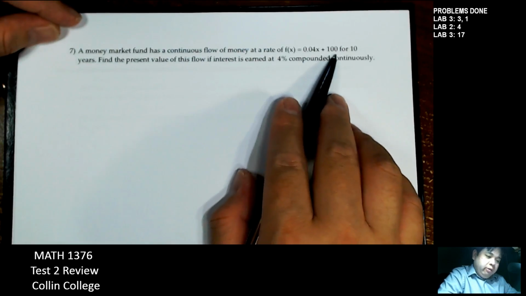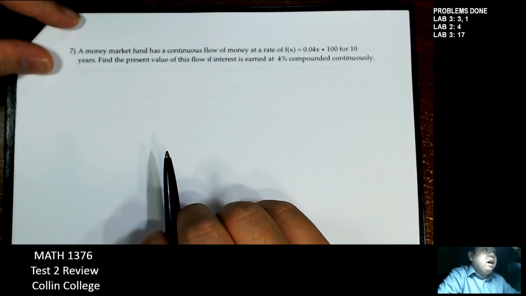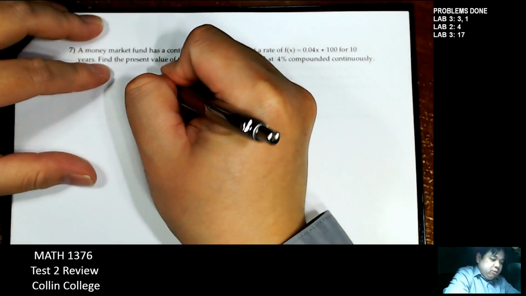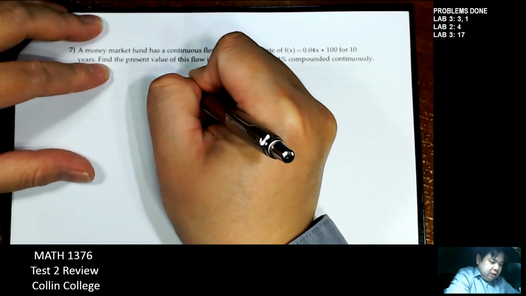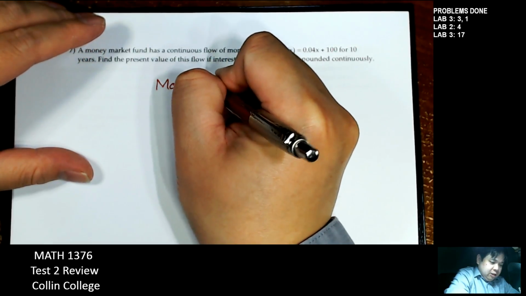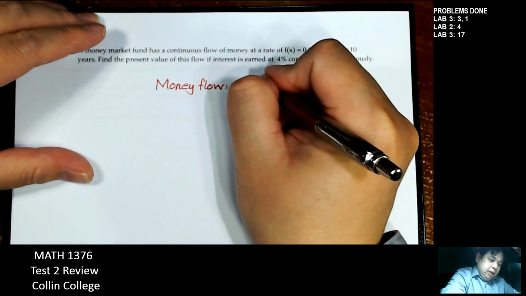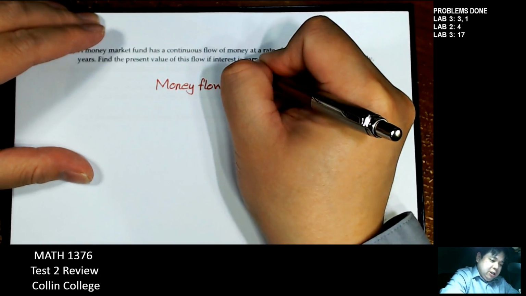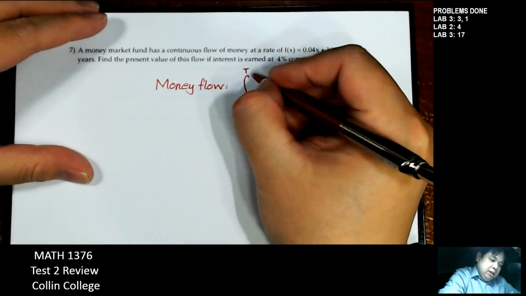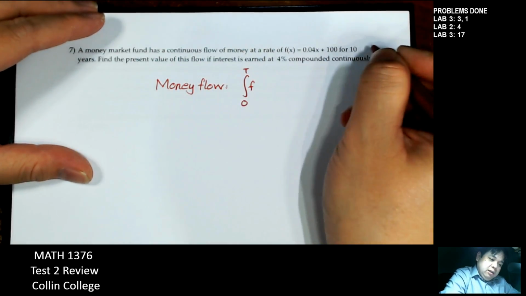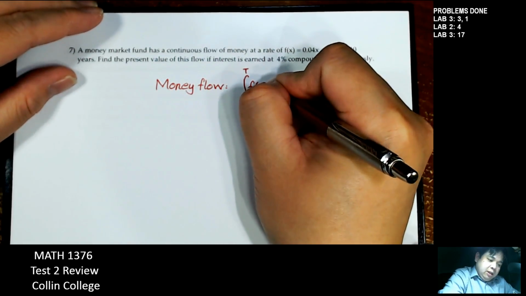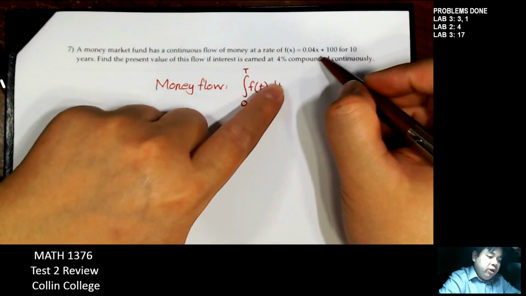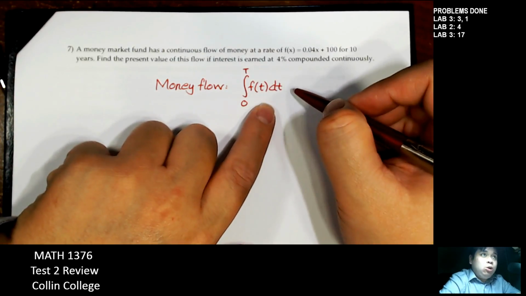Alright, so we have the flow of money for 10 years. So first, if we just have the money flow, then we just have the integral from 0 to t of the function. And usually it is a function of time, so even though it is x, we'll convert that to t.